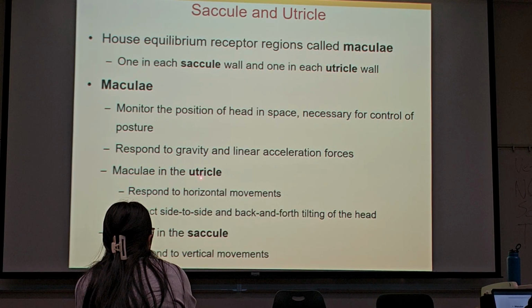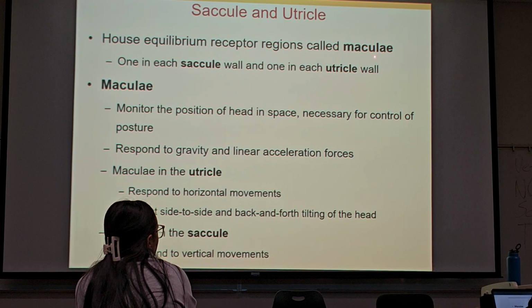Remember, the vestibule consists of the saccule and the utricle. In both the saccule and the utricle, we have macula, receptor regions for equilibrium. The macula in the utricle responds to horizontal movements. So side to side, back and forth, tilting of the head, okay?